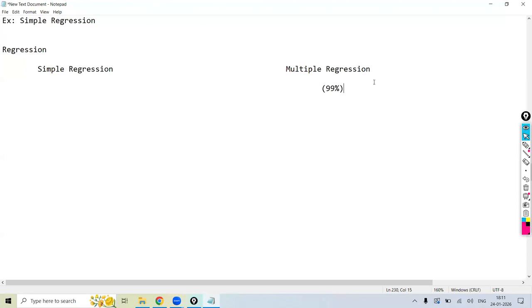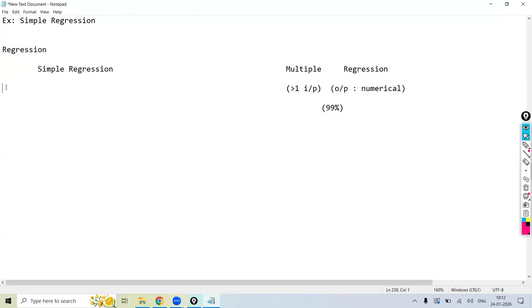As we know, multiple means more than one input variable, and regression means the output is continuous, a numerical value. Whatever we have to predict, if the output is numerical, it is called regression. Multiple means more than one input variable.